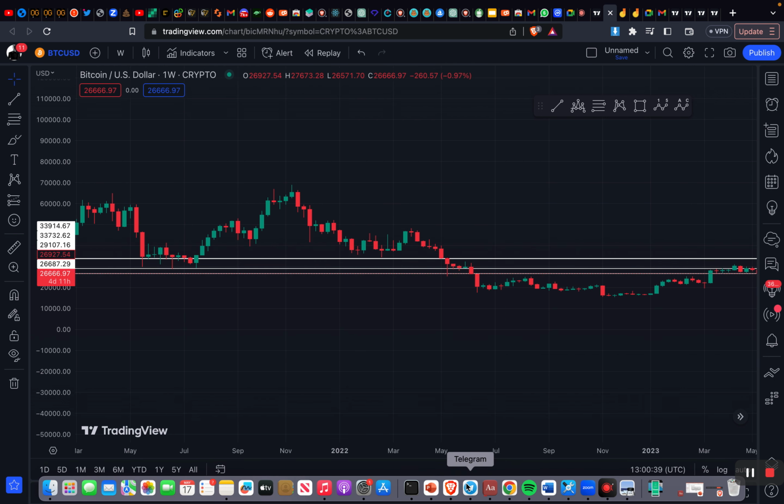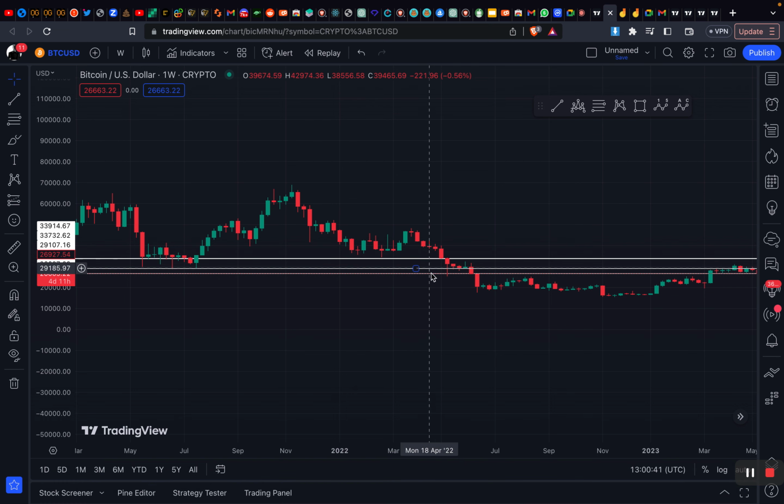Now, because it's showing us the 1 week time frame and you have understood what candlesticks are, you now need to understand what the technical indicators are that I am going to be using to determine the uptrend of the market, and also use those technical indicators to determine the downtrend of the market.